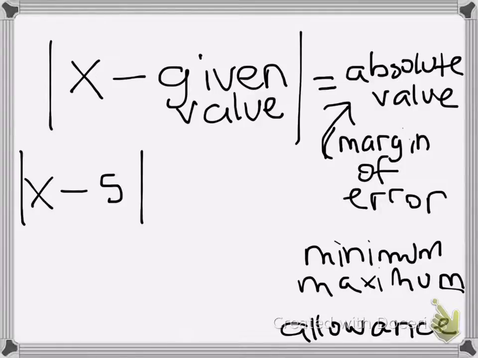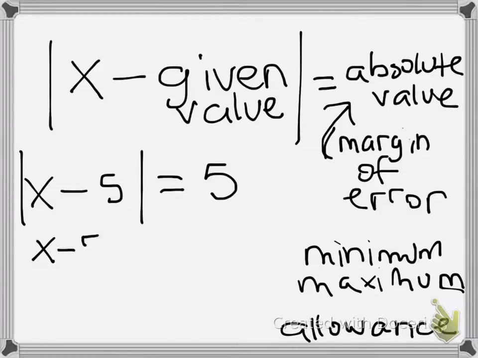And in this case, and this is not always the case, it's also going to be equal to 5, but that's because they were talking about the allowance of 5 degrees, not that it's a given value. Most of the time, these numbers are going to be different. So |x minus 5| equals 5.